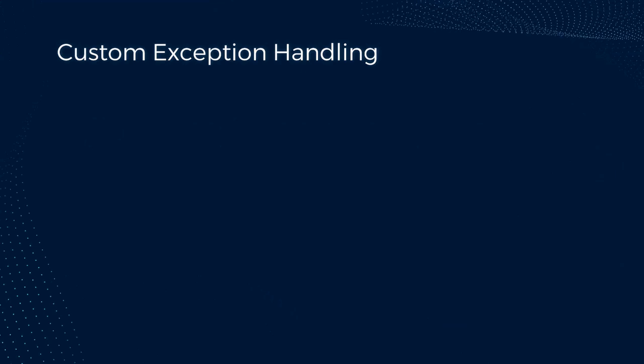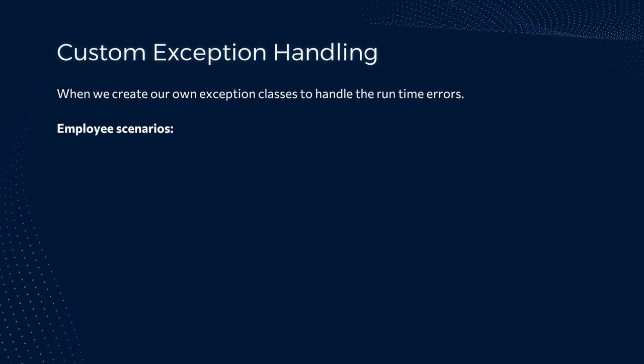Custom exception handling. When we create our own exception classes to handle the runtime errors, we create our own exceptions, or you can say custom exceptions. Here let's look at one scenario, that is the employee scenario. When the age of the employee is less than 18, then we can throw an invalid employee age exception.